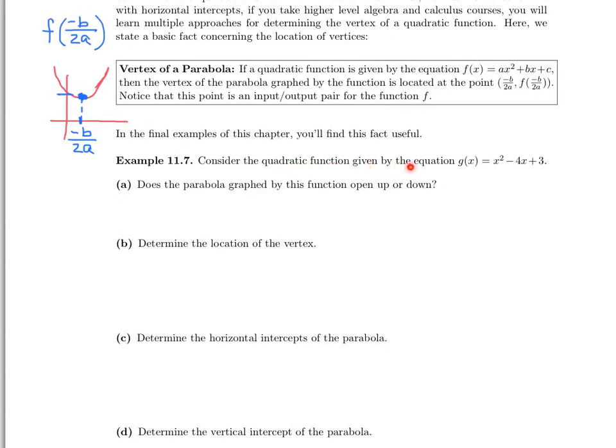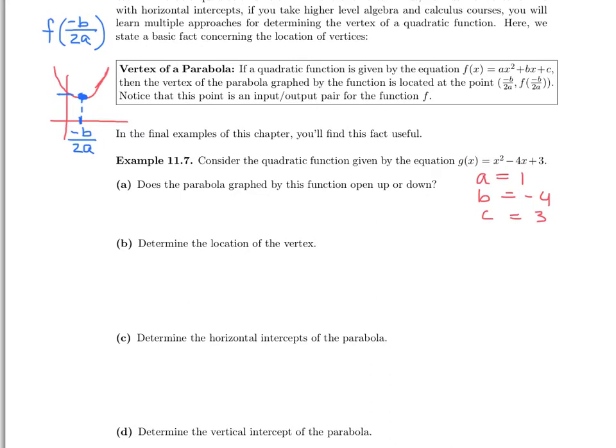Consider the quadratic function given by the equation g of x equals x squared minus 4x plus 3. It's written in standard form. A is 1, b is negative 4, and c is 3.